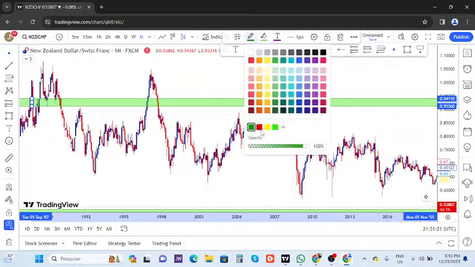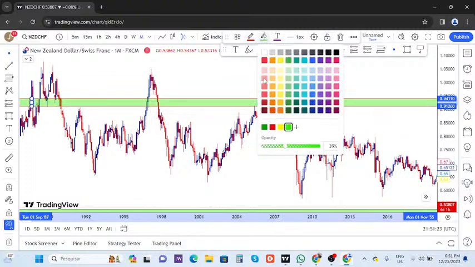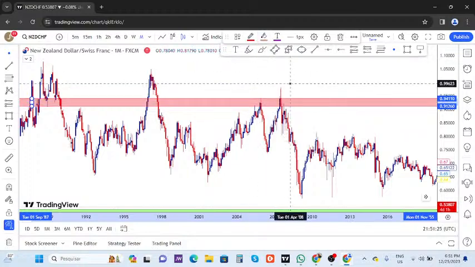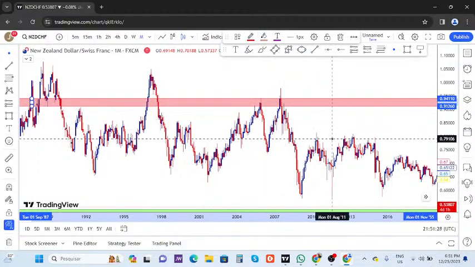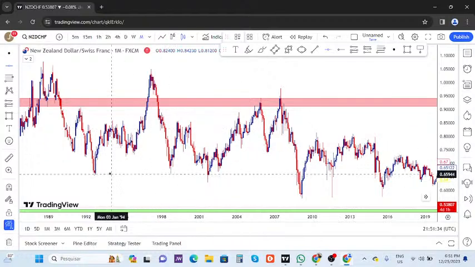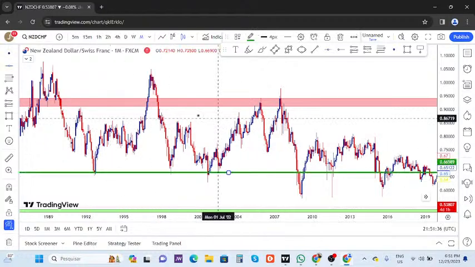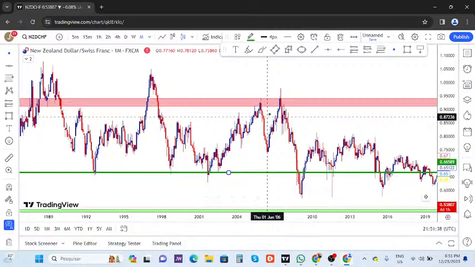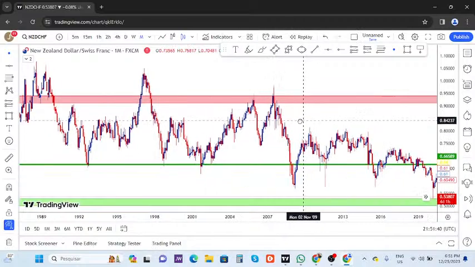I'm going to change this color to red, so I like to leave it at red. And now I'm going to use this. Previously, back in time it was this area. This was the resistance and support back in time.